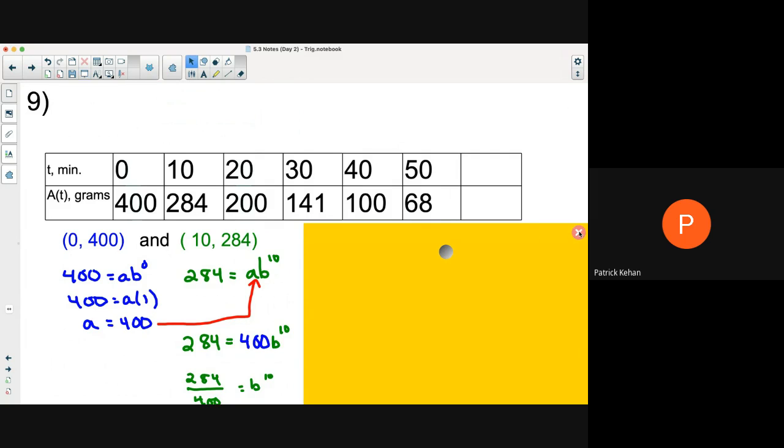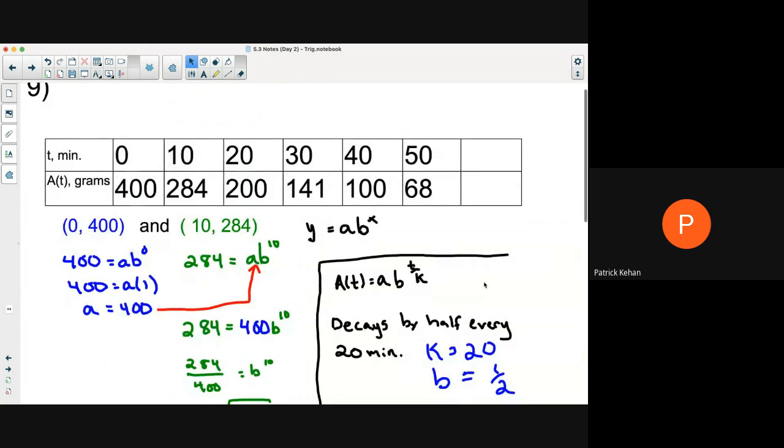So we could look at this from a different perspective. If this amount of substance is decaying by half every 20 minutes, then we can say that the decay factor is 1/2. That's your B value. And we can say the unique interval of time right now is every 20 minutes.